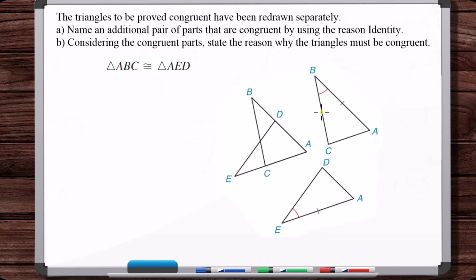Oh, okay. So they've given us that AB is congruent to AE, and they've given us that angle E is congruent to angle B. But what's another pair of parts that's congruent by the reason of identity? Well, angle A is congruent to angle A. It's the same angle.